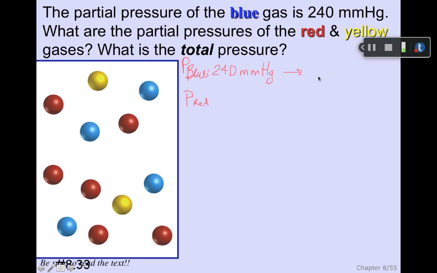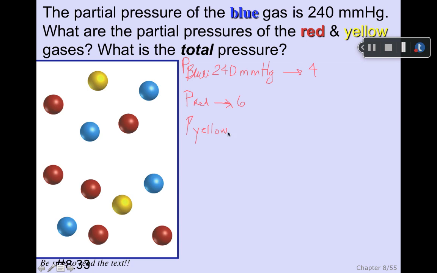There are 4 spheres that are blue. And the red, if you look in the diagram, use your counting fingers, you'll determine there are 6 particles of red gas. The pressure of the yellow is going to be related to how many of those are present, and there's only 2 of those. So that relates to the total pressure.